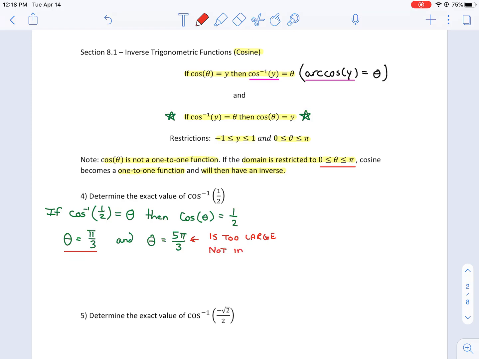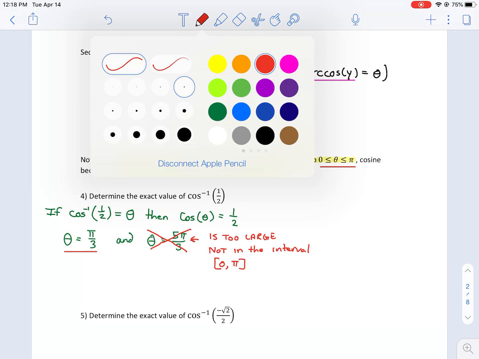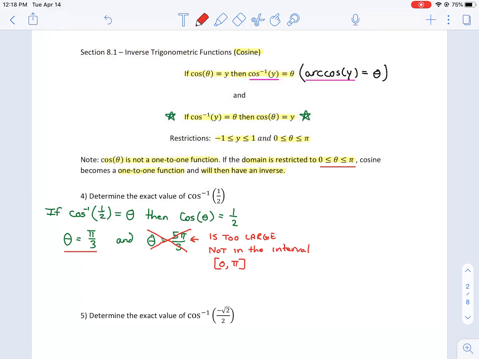So it's not in the interval 0 to pi inclusive. So what we're going to do is we're going to ignore theta is equal to 5 pi thirds, and the solution is the inverse cosine of 1/2 is equal to pi thirds.